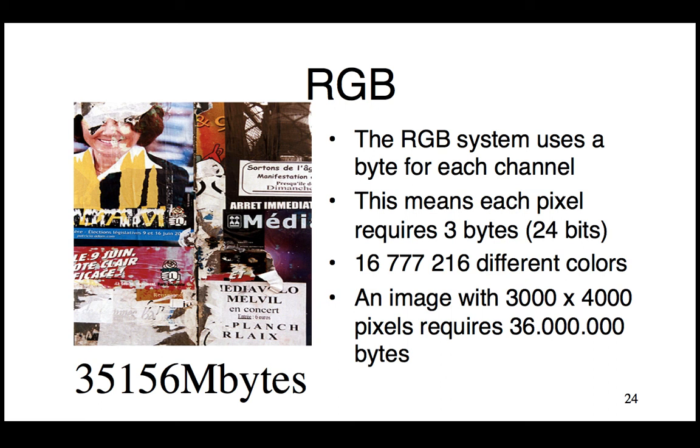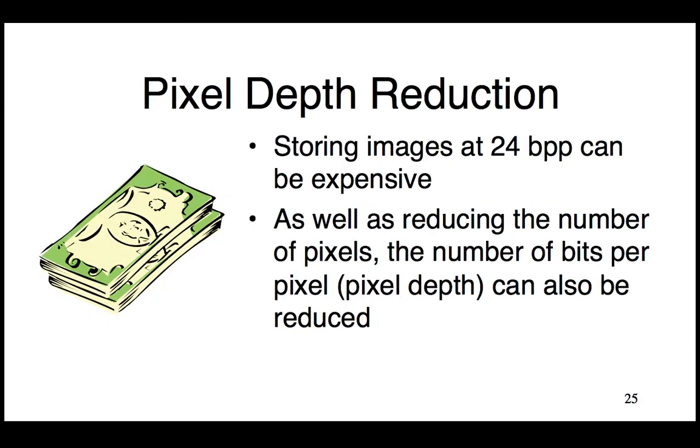Would 15 million do? Would 15,000 do? Would 15 do? It depends really on the image. And so if we could figure out a way of reducing the number of colors we need, we can maybe use less bits for each pixel. And so that's called pixel depth reduction. So instead of storing images at 24 bits per pixel, we reduce the number of colors, and then we can reduce the number of bits we use for each pixel.